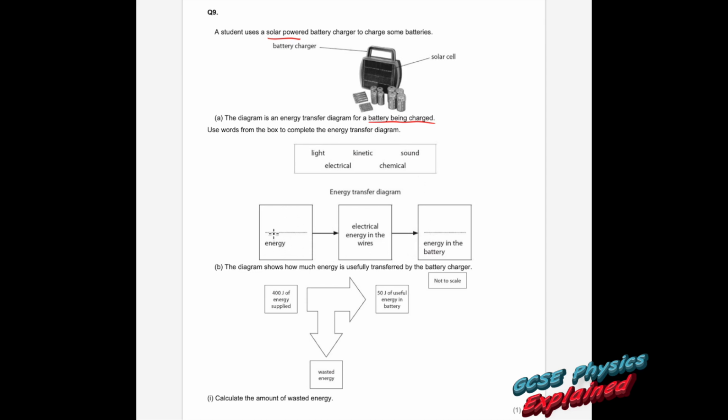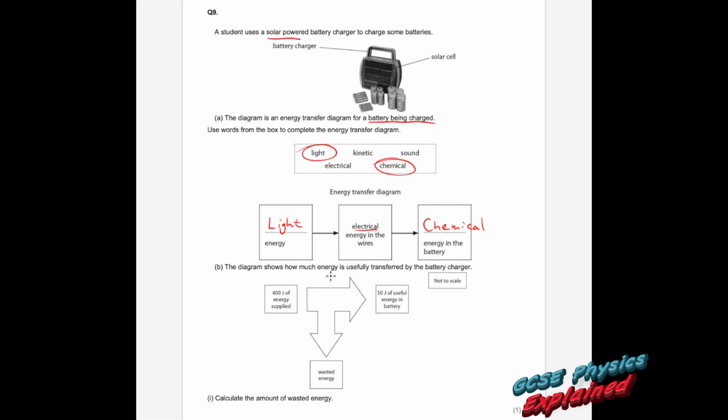So we've got some energy going in, then it gets turned into electrical energy in the wires, and then it gets energy in the battery. Well, it said that it was solar powered going in, so that must be solar energy going in, or light energy. Remember, we've got to choose from the box. So light energy goes in, and what type of energy is in a battery? Well, it's chemical energy.